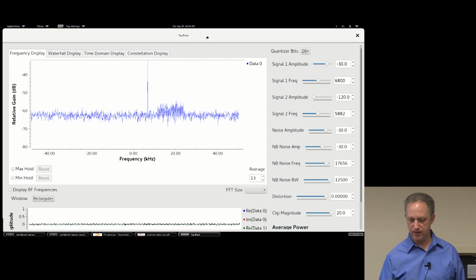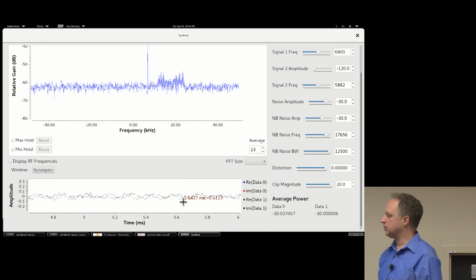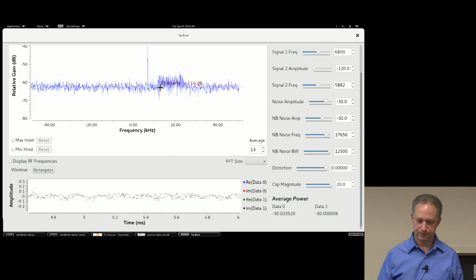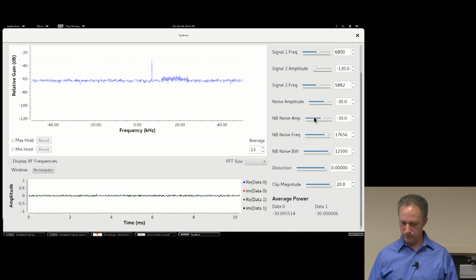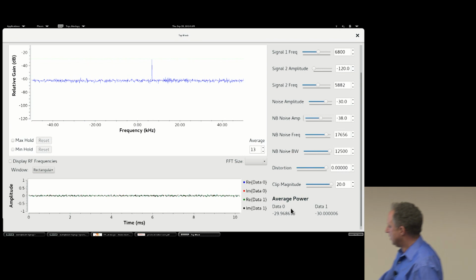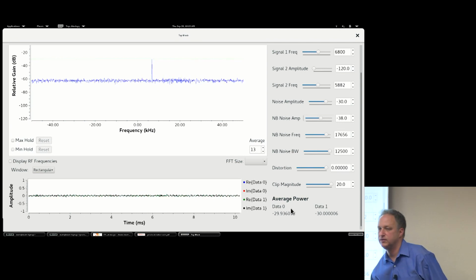And when we look at the time domain down here, you can see that the noise amplitude is roughly comparable to the sine wave amplitude there. Okay, so now let's reduce the noise, and you can see that here, right? We have -30 for the noise and -30 for the signal.